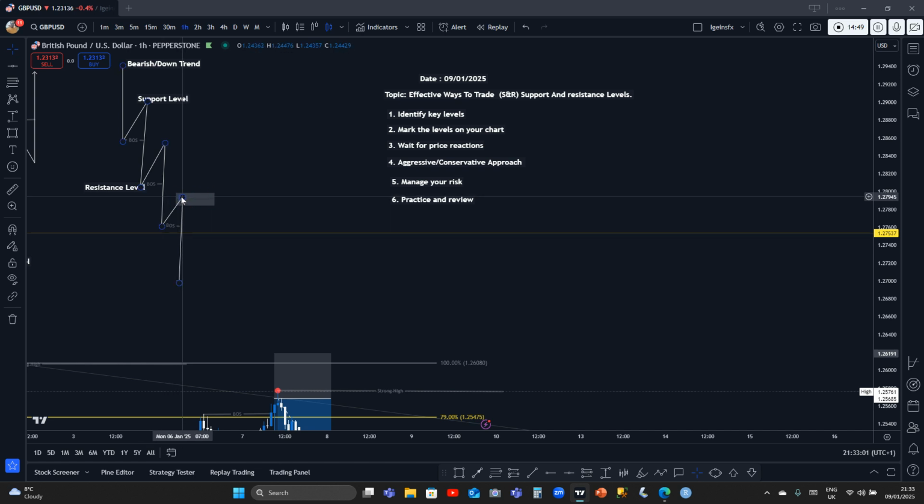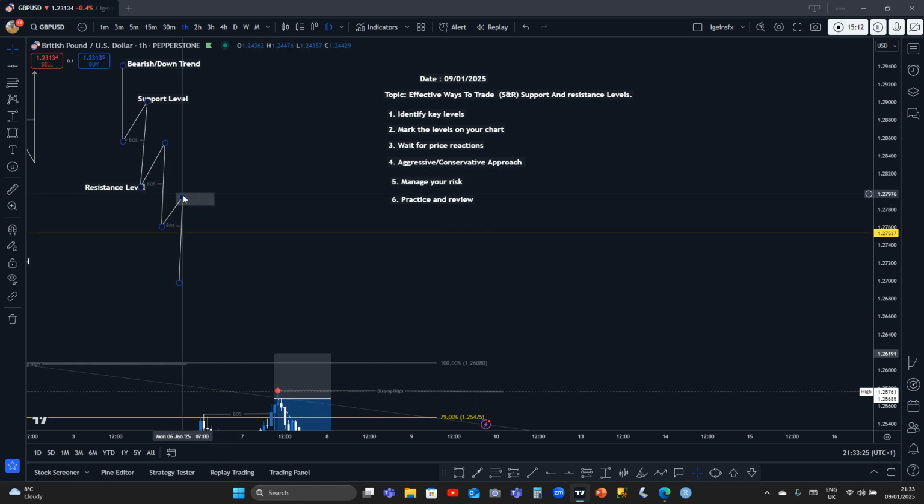Once price gets to this point and is rejecting, you see a pin bar rejection, and you now see an opposite candle forming, but be patient for that candle to close. That is when you will choose by yourself if it is aggressive or conservative.